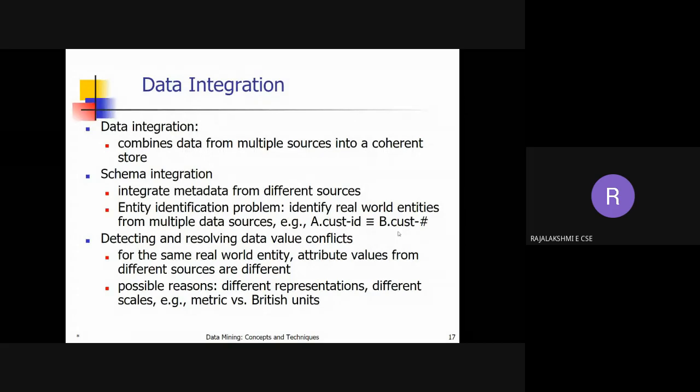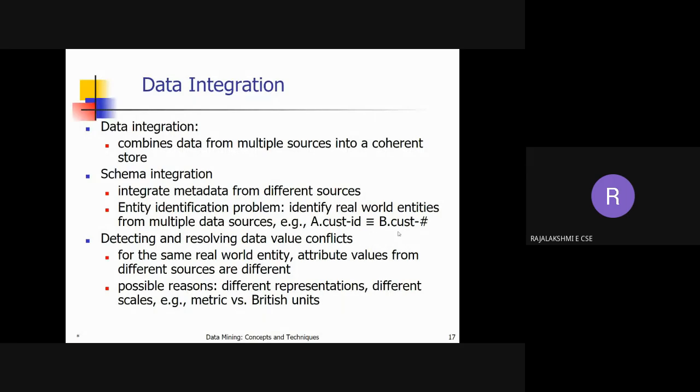So this metadata will say what is the name, what is the meaning, what is the type of the data, and in what range the particular data is available. What values are permitted for the attribute. These will be there in the metadata. When you are going for schema integration, you will be using the entity relationship model in a database management system.